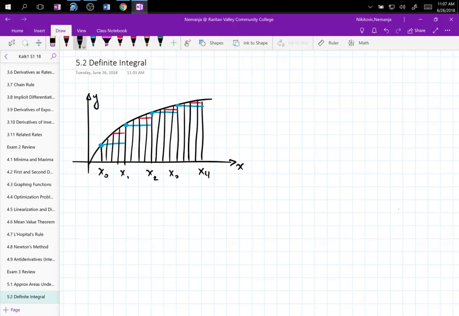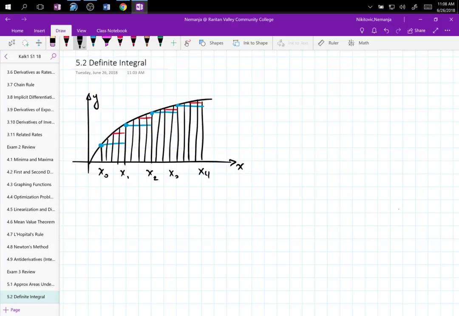Now, points are infinitely thin, so those rectangles are infinitely thin, and when those add up, they would add up to the exact area. So it's very easy to build the formula that we have for our problem. I would urge you to look at the formula and see the way it's built and why it works the way it works, and then it will be easy afterwards to remember this.